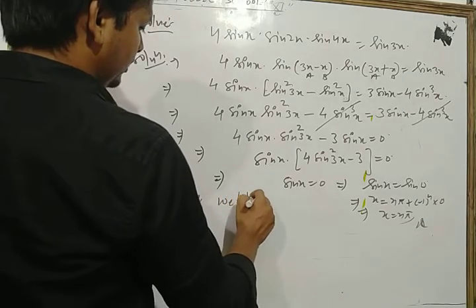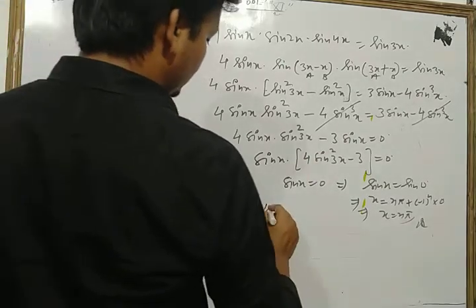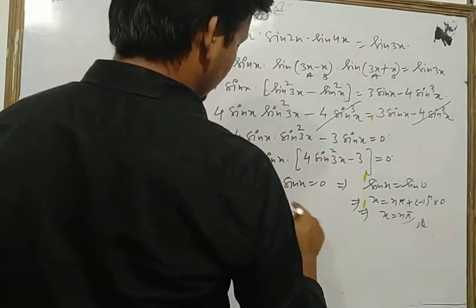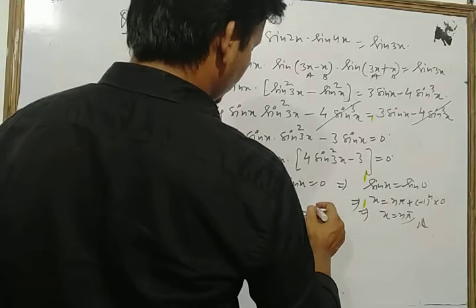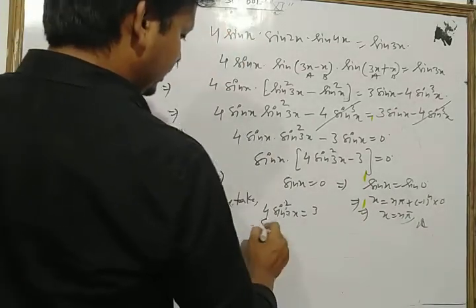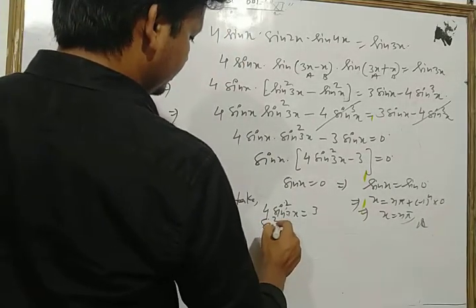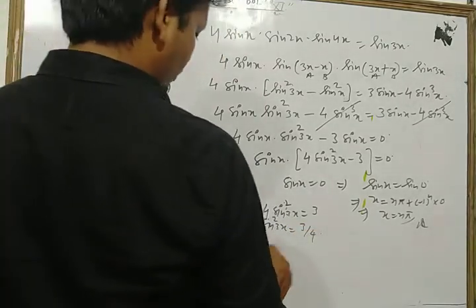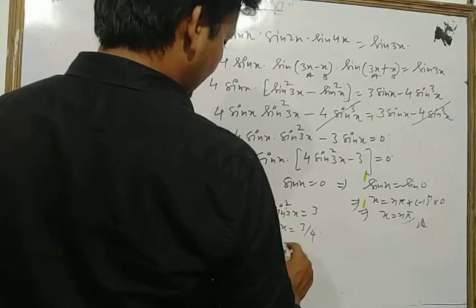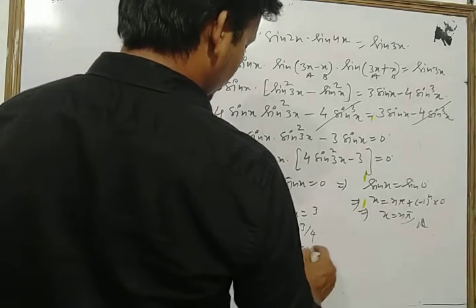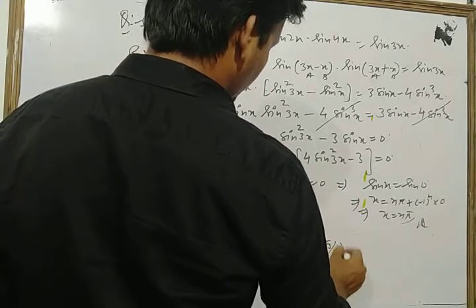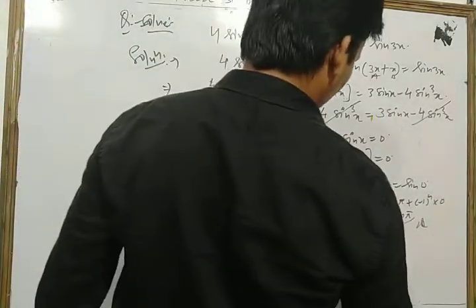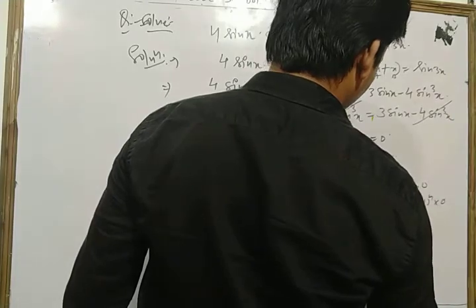Now we take 4 sin²3x is equal to 3 here. So we get sin²3x is equal to 3 by 4, so sin²3x is equal to (root 3 by 2) square. So the value of root 3 by 2 is sin 60, that is sin π by 3.